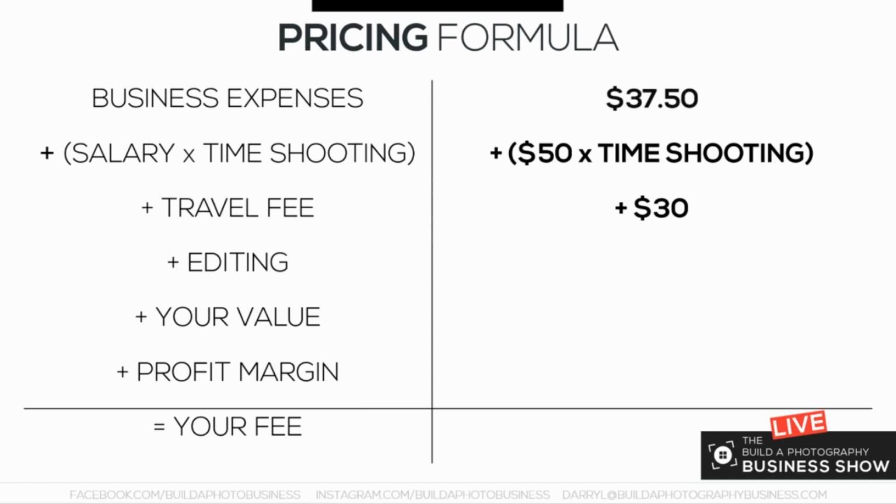Now, the next thing to factor in is your editing and what you'll charge for that. So if you do your own editing, what do you need to charge for your time for editing a typical photo shoot? Or if you typically outsource your photo editing, you'll add that value in here instead.